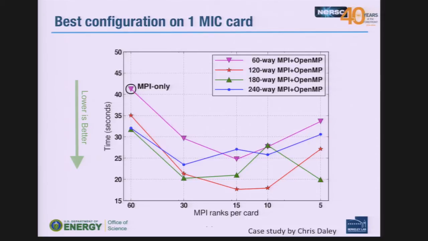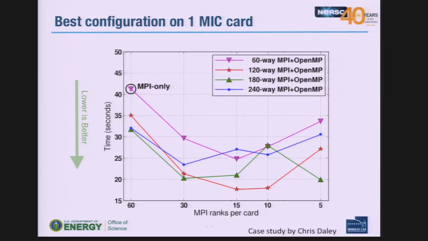There's a line for constant 60-way, a line for constant 120-way, which is the red, 180 and 240. Does that make sense? Okay, you guys are faster than I am. Every time I present this, I have to do that. The best performance that Chris got was right down here, using about 15 MPI ranks. And let's see, what is that?